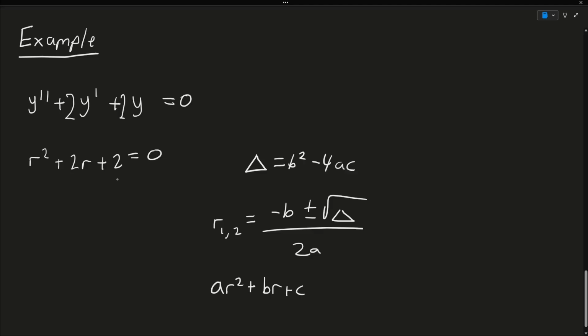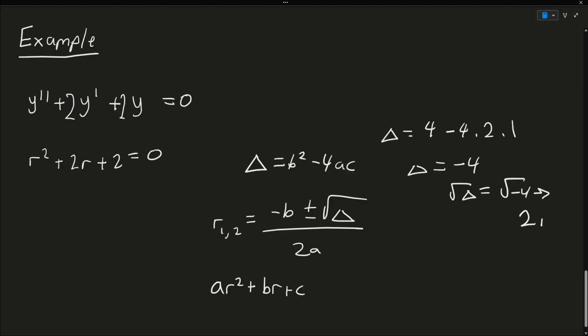Using this quadratic formula, we can see that delta is going to be equal to 4 minus 4 times 2 times 1, which is -4. So delta equals -4, and the square root of delta is the square root of -4, which is just 2i from algebra.